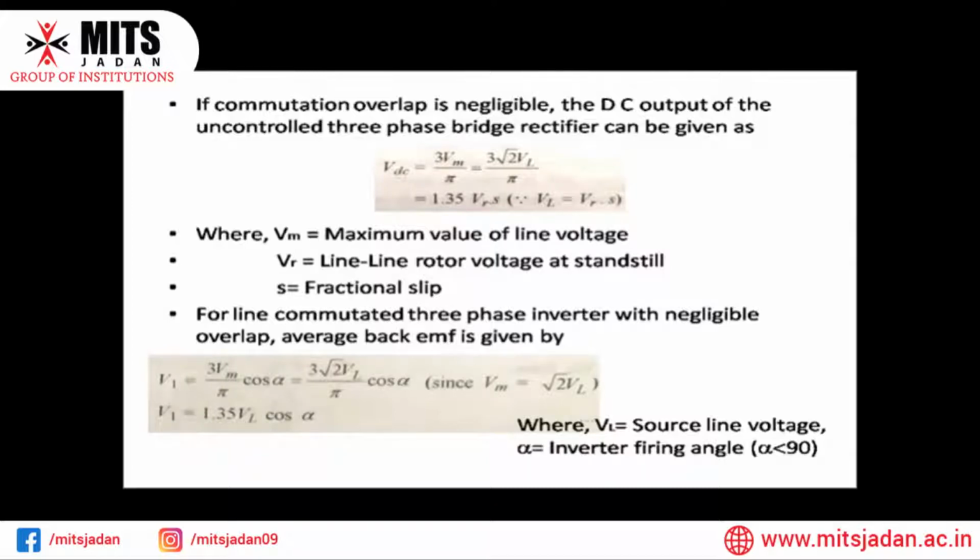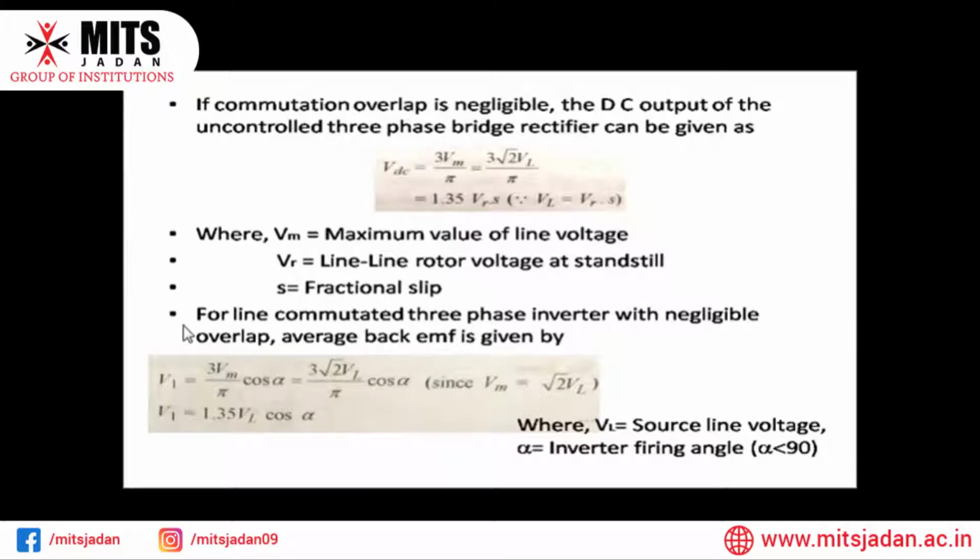If we consider that there is no commutation overlap, the DC output of the uncontrolled three-phase bridge rectifier can be given as VDC equal to 3 Vm upon pi, and that can be given as 3 root 2 VL upon pi, or we can say that this is equal to 1.35 VR into S, since we know that VL is equal to VR into S, where Vm is the maximum value of line voltage, VR is the line rotor voltage at standstill, and S is the fractional slip.